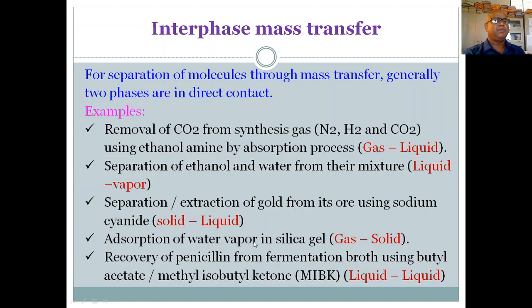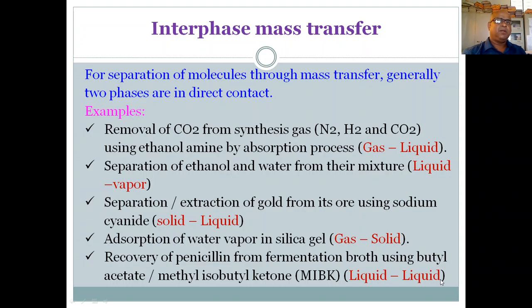Absorption of water vapor in silica gel is gas-solid. And we took the recovery of penicillin from fermentation broth, a liquid phase, using butyl acetate or methyl isobutyl ketone. This is also liquid, but they are immiscible with each other. One is the aqueous phase, the other is the organic phase, so penicillin will move from the aqueous phase to the organic phase. This was liquid-liquid equilibrium.